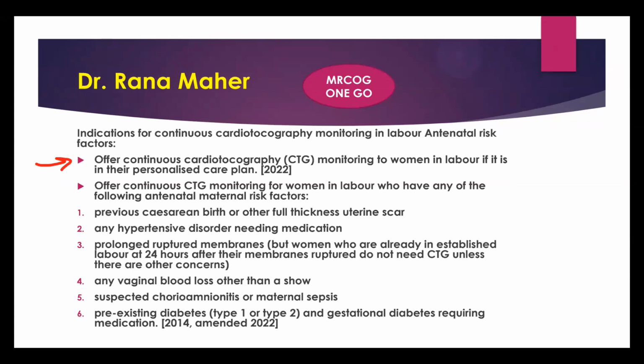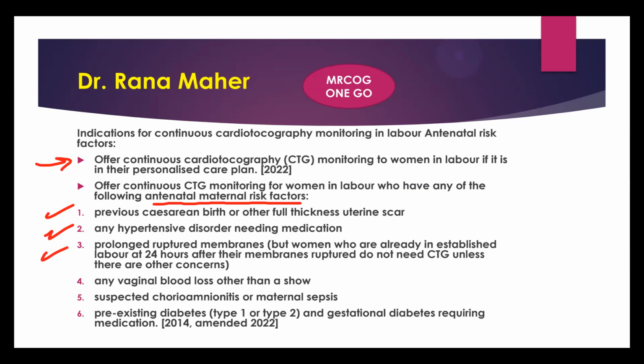Or we have any antenatal maternal risk factors like previous cesarean section, any hypertensive disorder, hypertension or preeclampsia, prolonged rupture of membrane, more than 24 hours. At this time, this is a risky pregnancy and a risky delivery as well. Any vaginal blood loss other than a show.